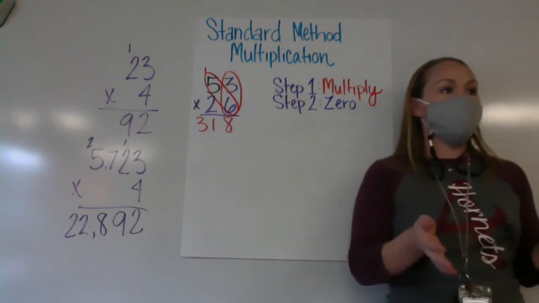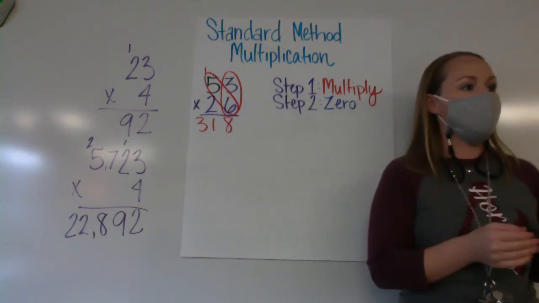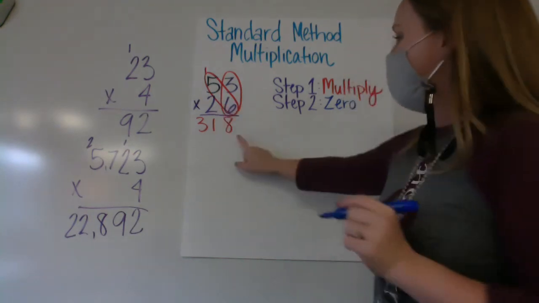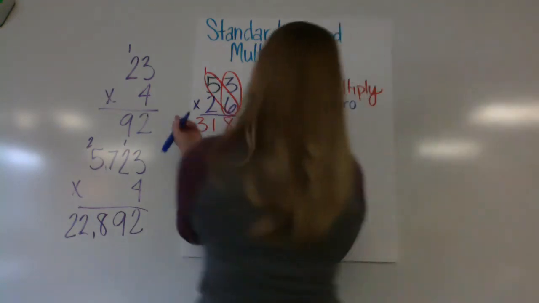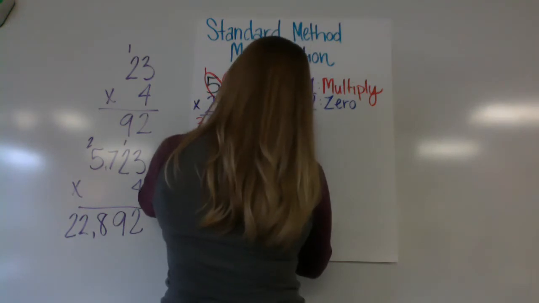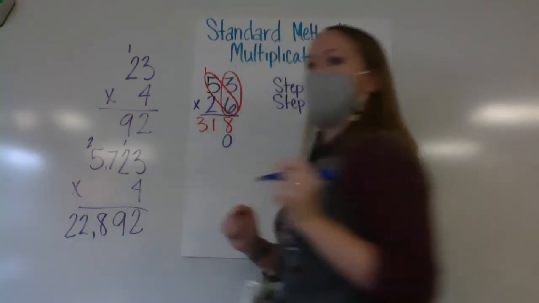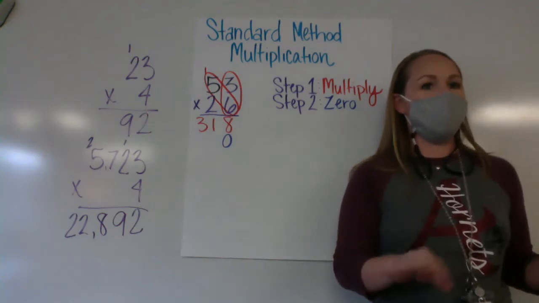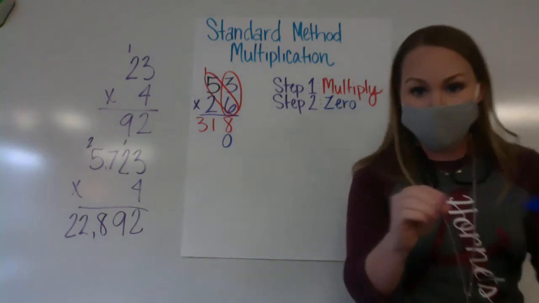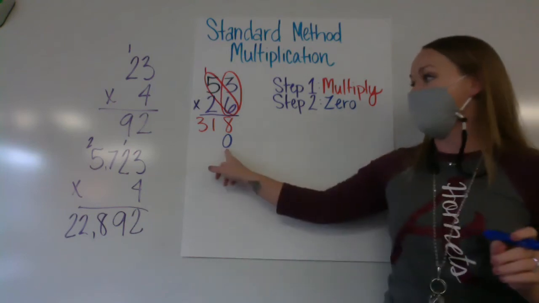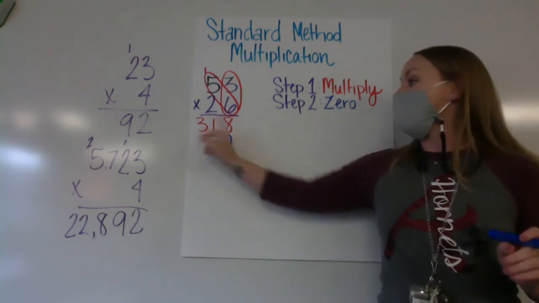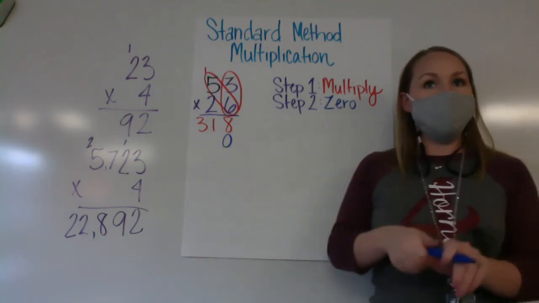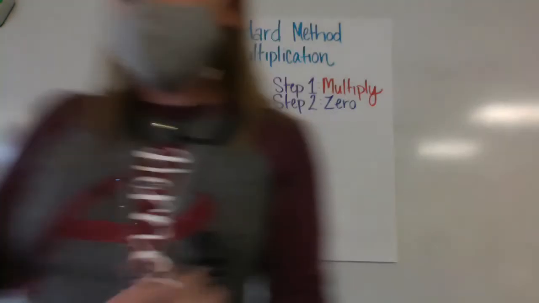And this is something that's new and looks different, okay? Whenever you multiply by more than a 1-digit number, it's called a placeholder. You go in and you put a 0 right there, okay? Always, forever, every single time, you're always going to put a 0 right there. So you've done your ones. When you come down here, put a 0, okay? Put a 0, always do it, never forget. All right, that's your step 2.